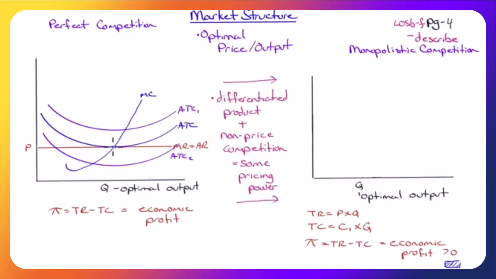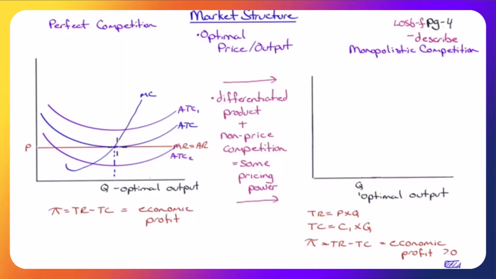And our optimal output is where marginal revenue intersects marginal cost. Well, it'll intersect right there, right at the very bottom, the minimum of the average total cost curve. We're going to see on the next screen that that is a long run point for perfect competition, but it doesn't have to be. So if we're looking for optimal output, it would be at the point where marginal cost equals marginal revenue. And there would be our optimal output.